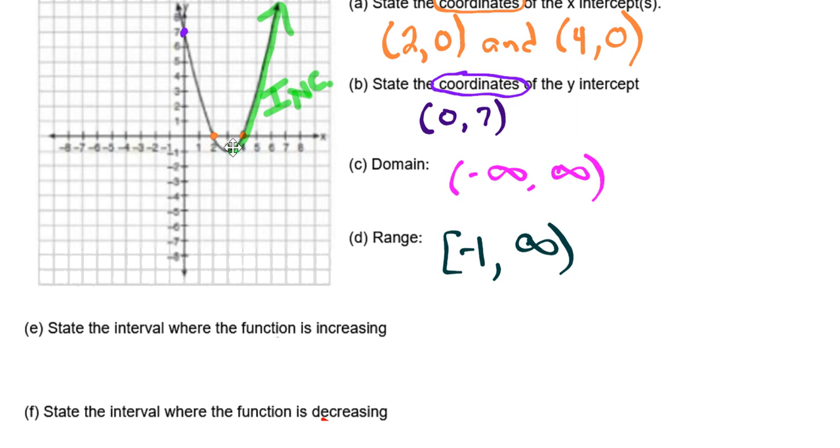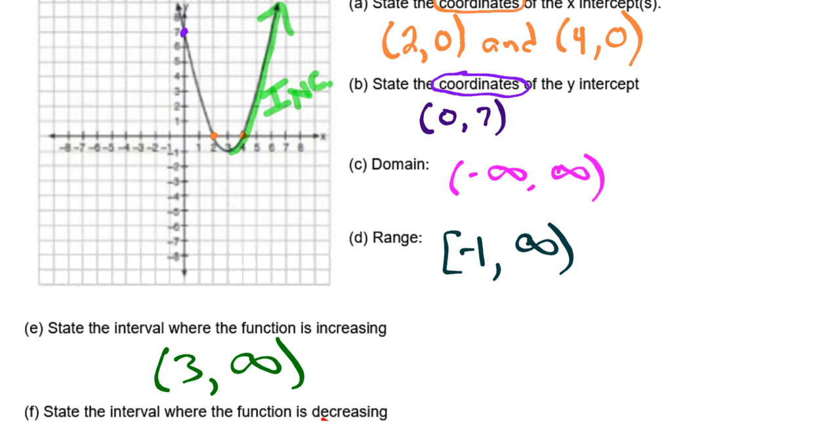It starts just after 3 because it's coming down, down, down, changes direction, and then goes up. The change in direction is exactly at 3, and then it starts increasing immediately after 3. So when we write our interval, we use curved parentheses because it does not increase until after the 3, so we don't include it. But then it increases forever to the right.